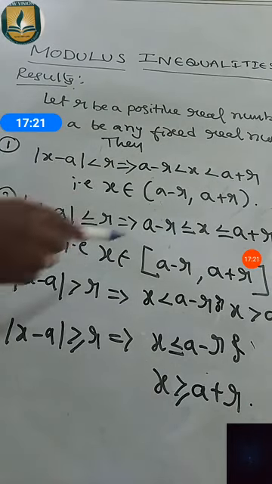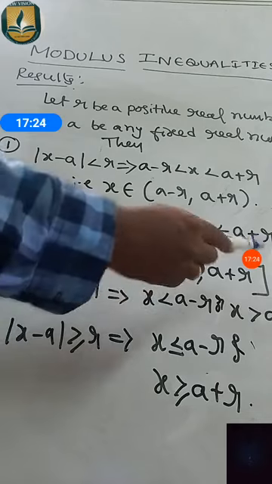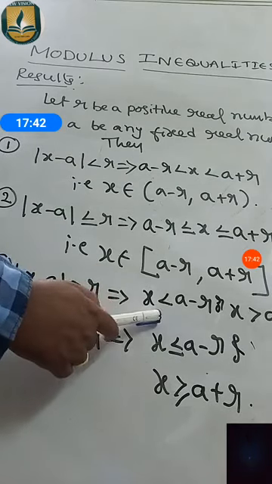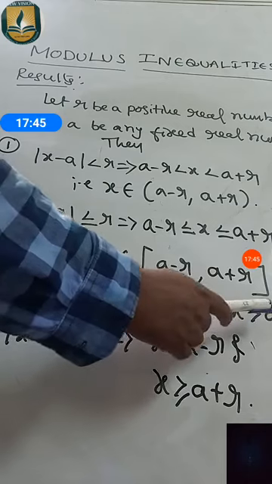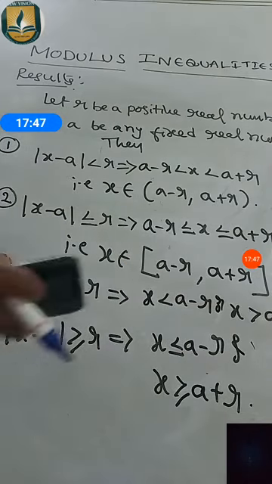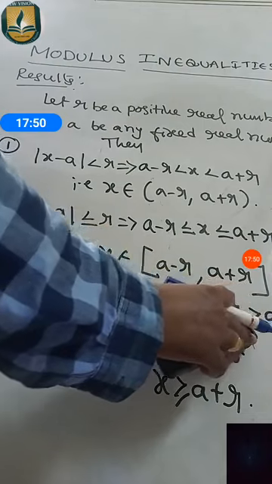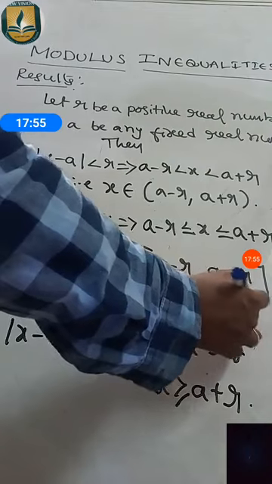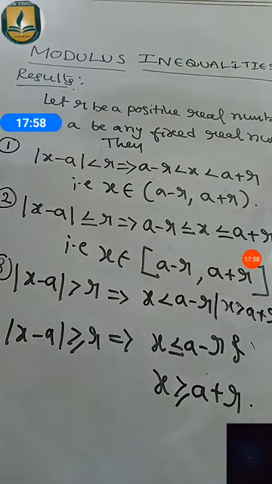That means x belongs to the closed interval A minus R comma A plus R. Now the third one, modulus of x minus A greater than R. Greater than R means x is less than A minus R or x is greater than A plus R.